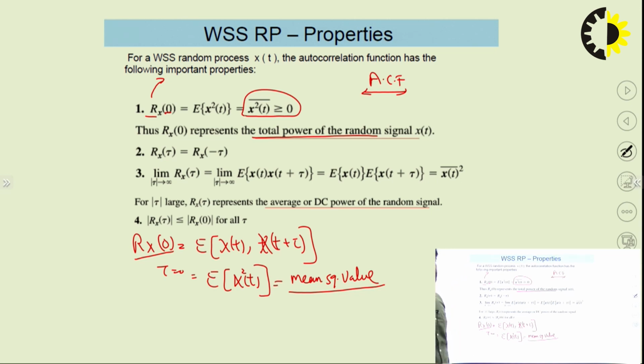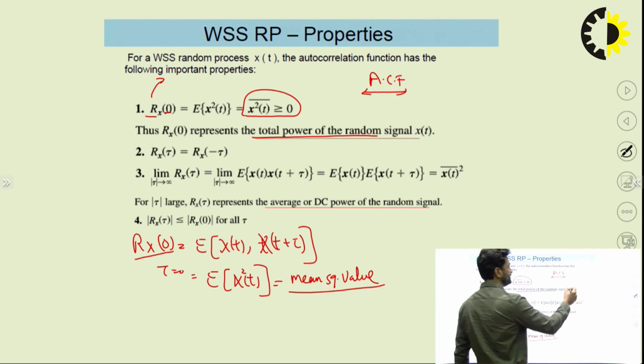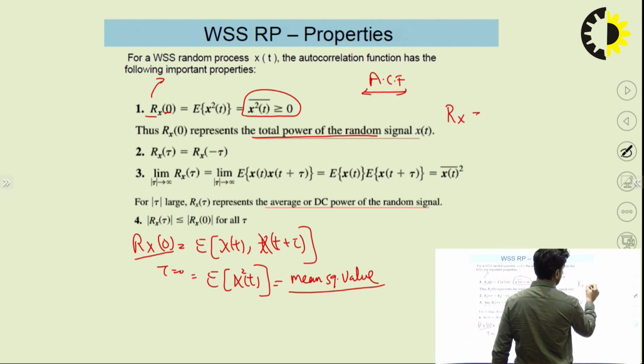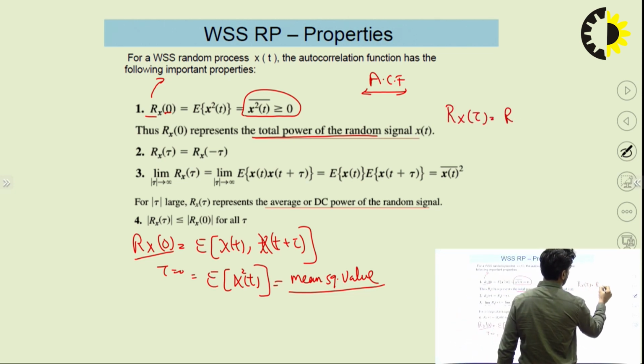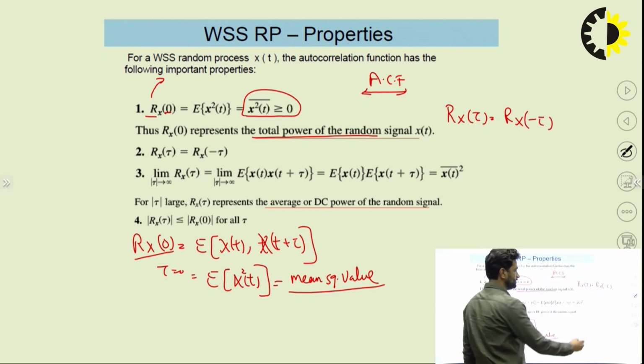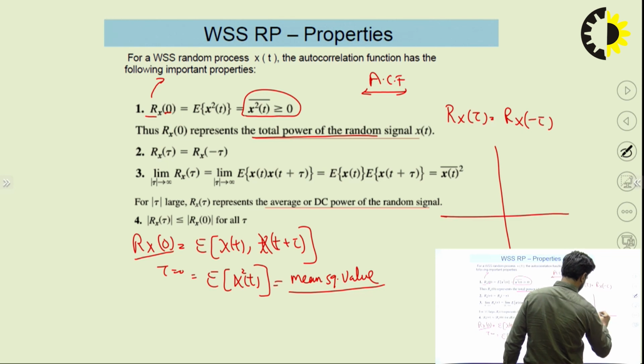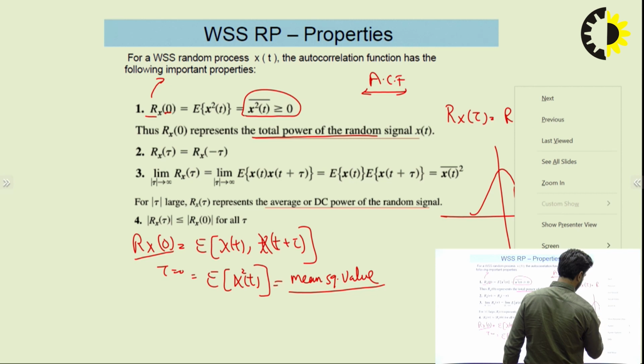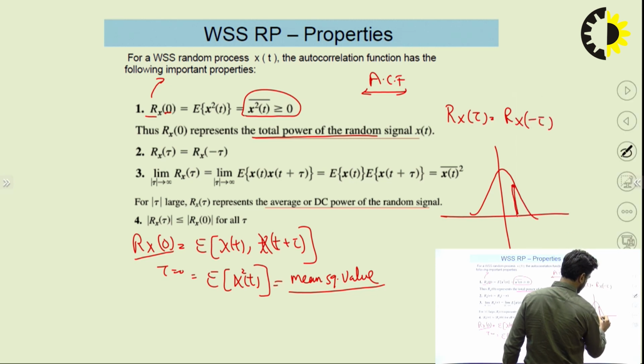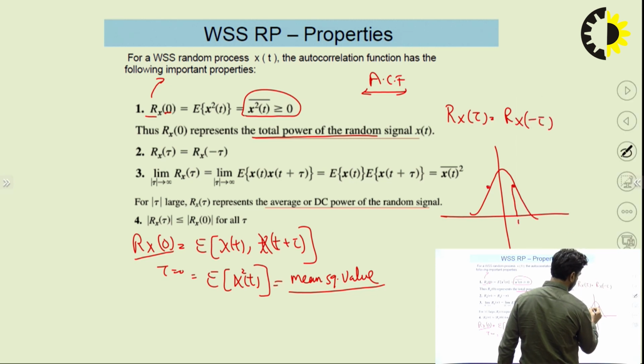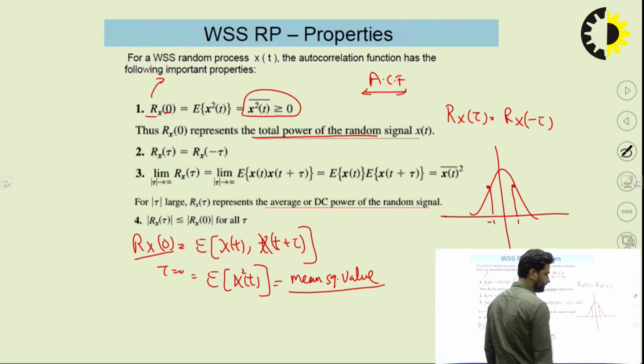The second point is that the autocorrelation function is an even function, meaning R_x(tau) equals R_x(minus tau). Suppose this point is 1, it will give the same value at minus 1.